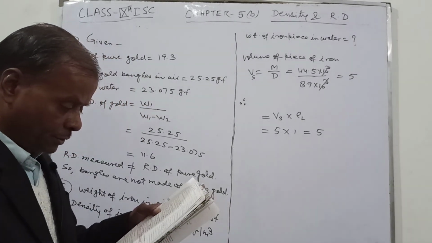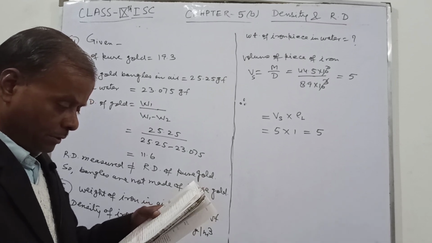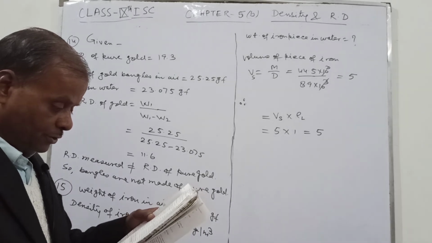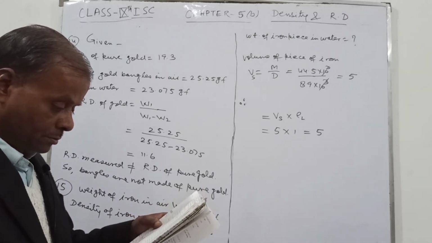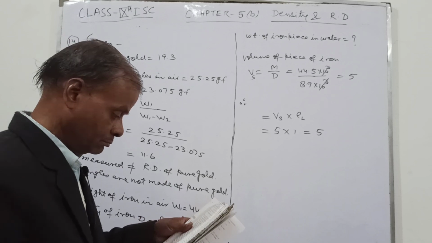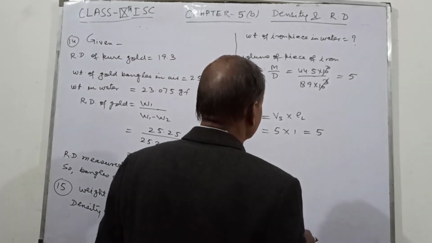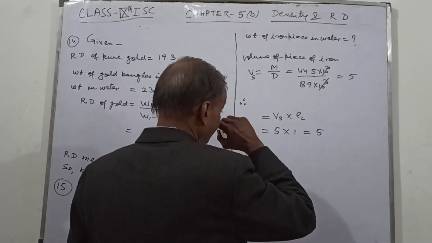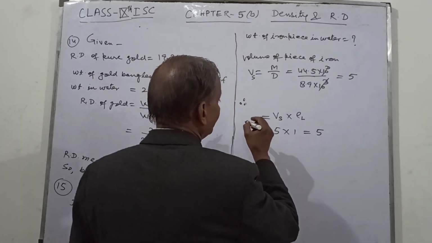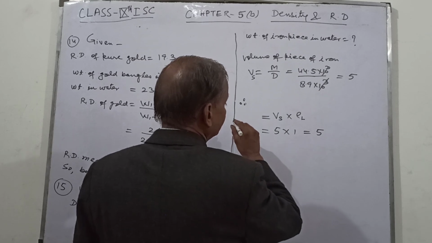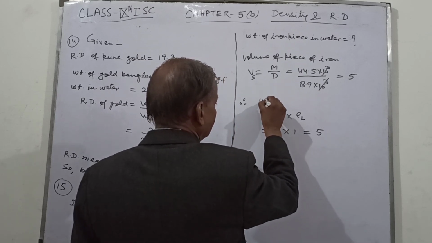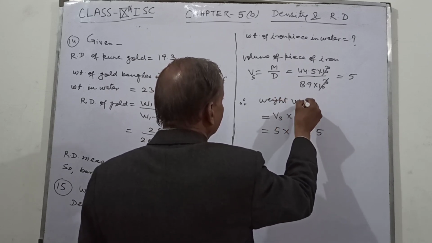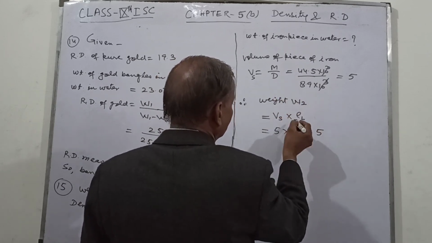The weight of the iron piece when immersed in water is W2.